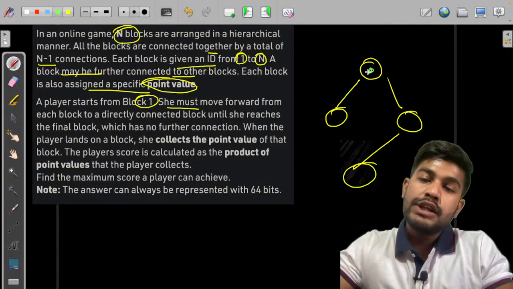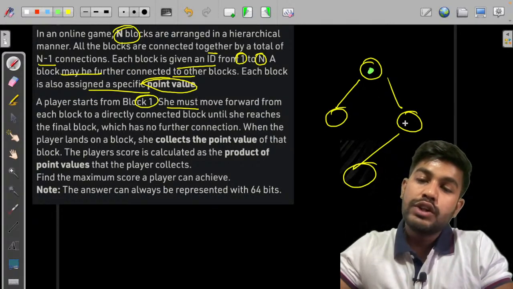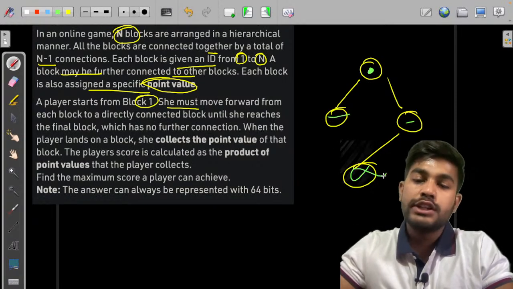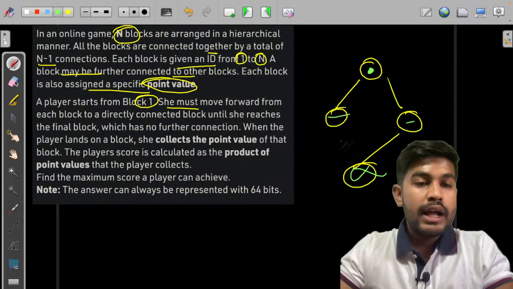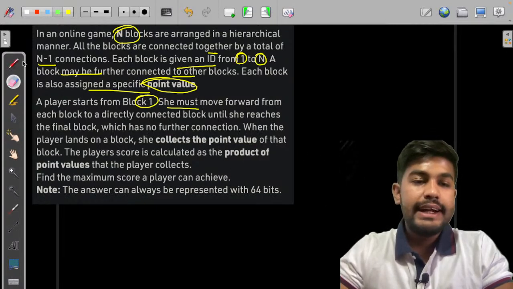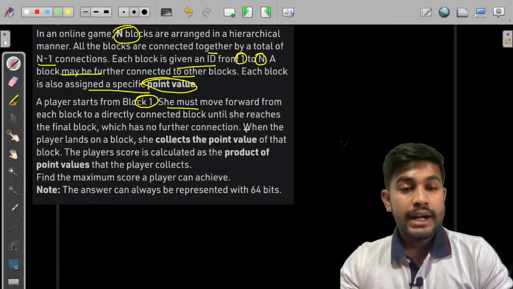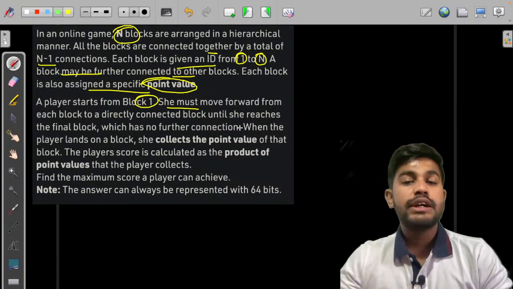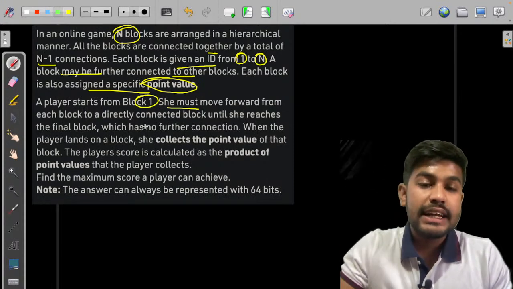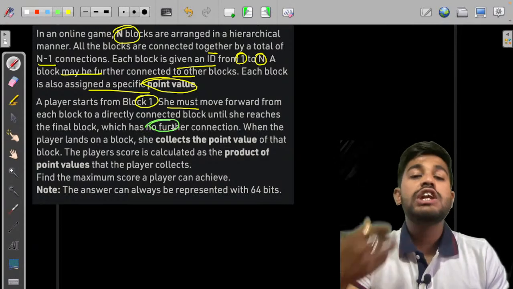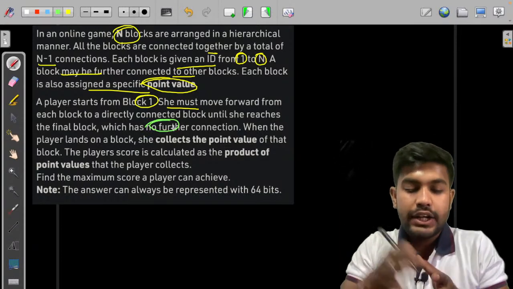Now from this block I can move to this block and this block, but not this block. Now it is said that the player moves until there are no further connections. Until the player reaches no further connection, it boils down to the fact that we need to reach the leaf node. You can kind of try to resemble it.